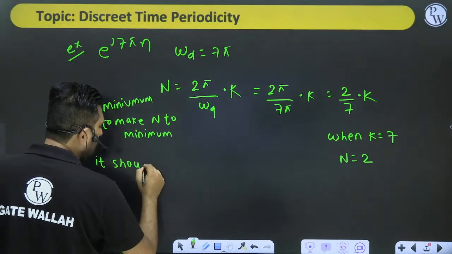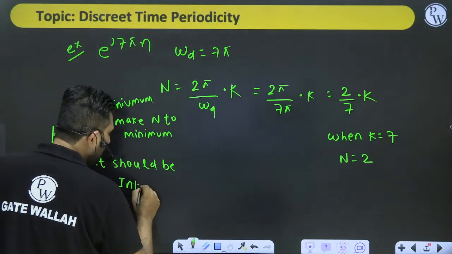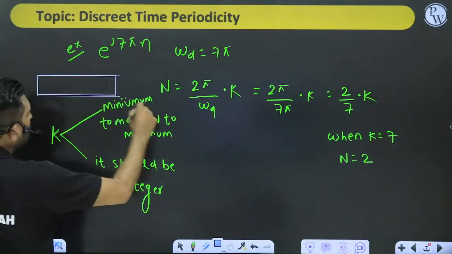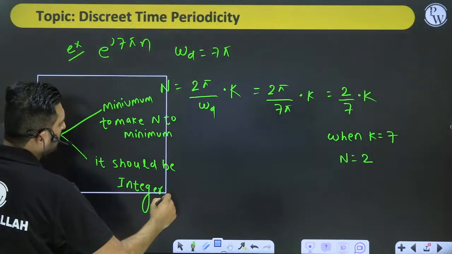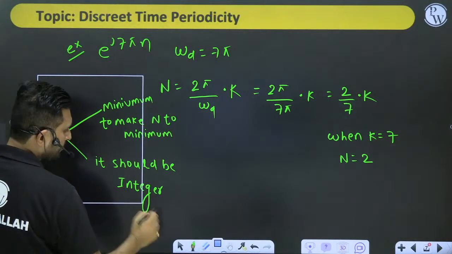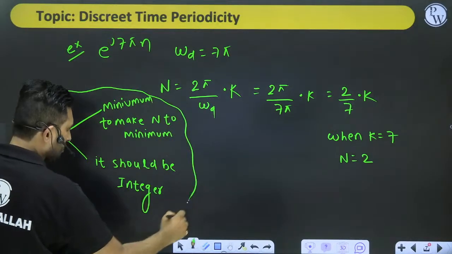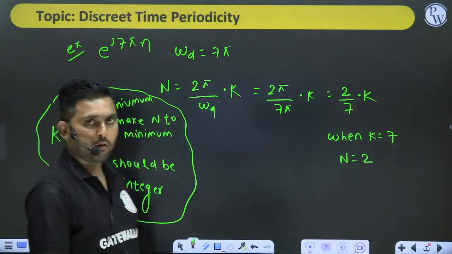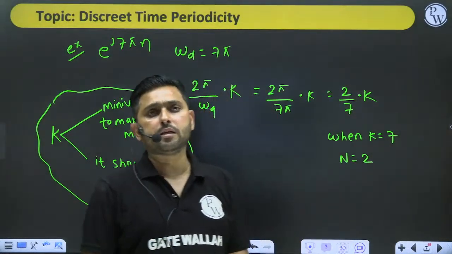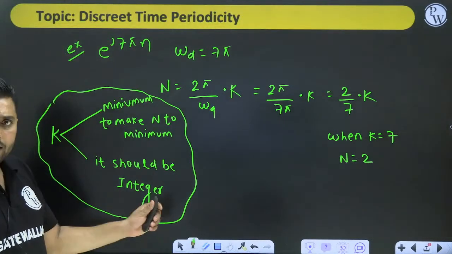Non-integer values are not allowed. So this is the two basic conditions that you have to take care of. Very, very important point: it should be the minimum integer which makes this capital N to be equal to integer. Okay, this is k is equal to 7.